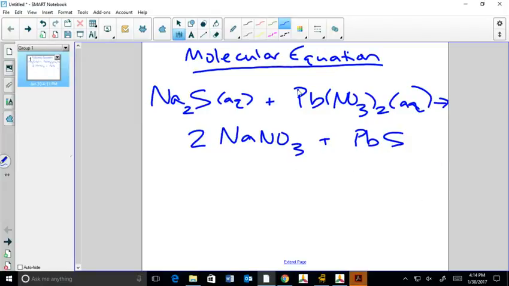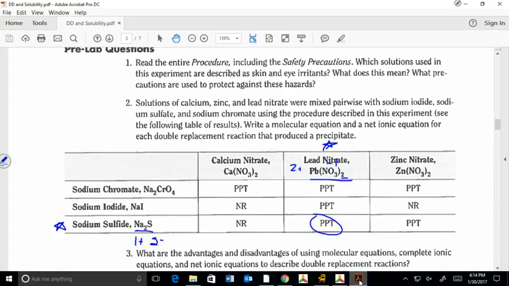Now, if you were reading along with this lab, you would have seen that they told you that if ever you have a product that has a sodium in it or a nitrate, those two will always be soluble. Any compound, any salt that has either NO3 or Na will make it soluble.